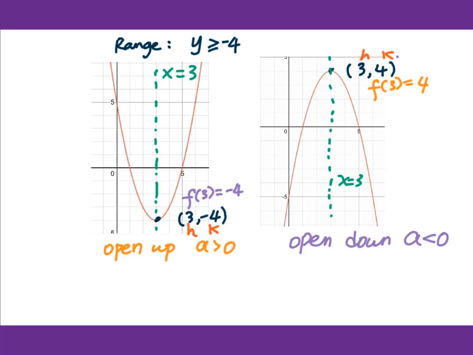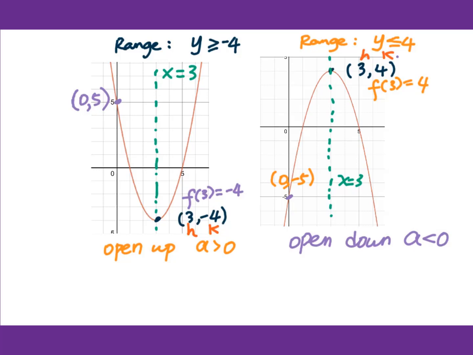For the second graph range, we have a maximum point. Therefore, you have y less than or equal to 4. Then check this y-intercept. That is (0, 5). Y-intercept, it's (0, negative 5).